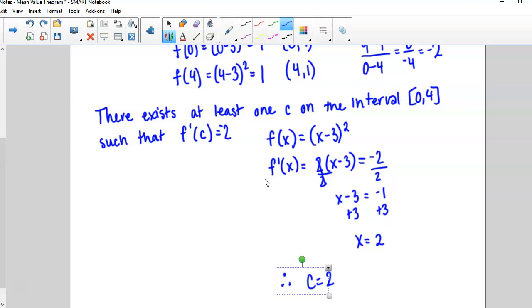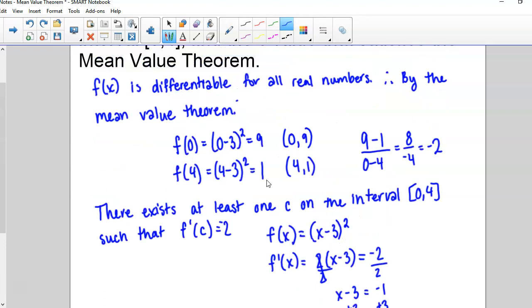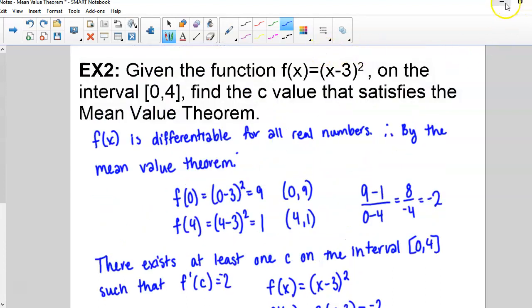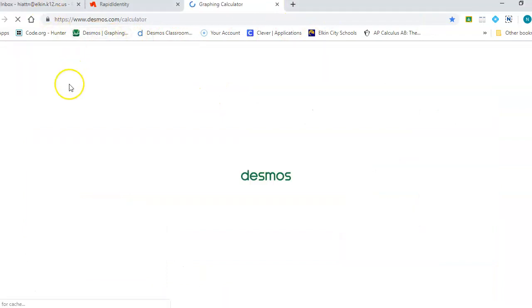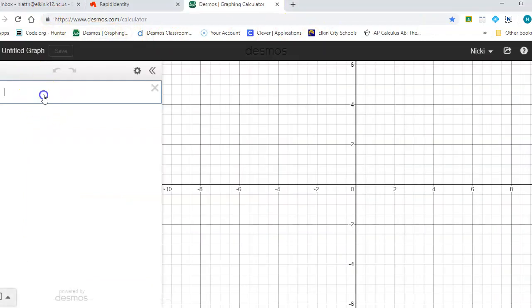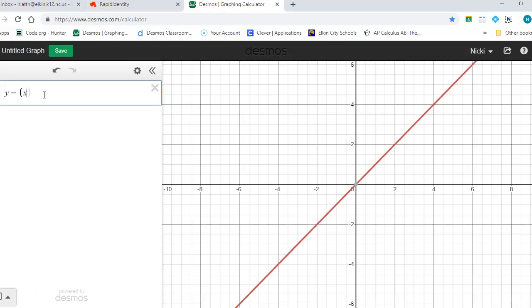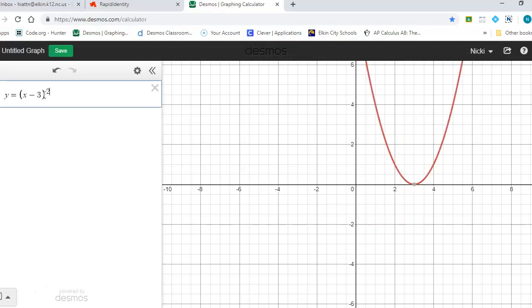Okay, questions? I do like to look at this on the graph so you get a picture of what this looks like. So if we were to graph y equals x minus 3 squared, and we are looking on the interval 0 less than x less than 4.